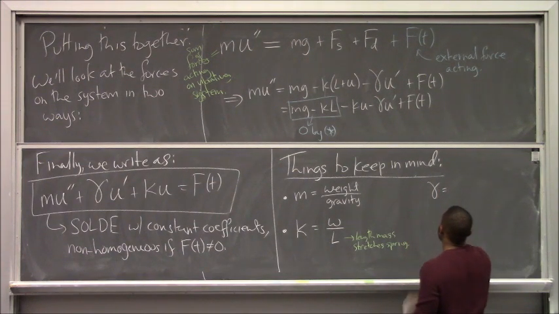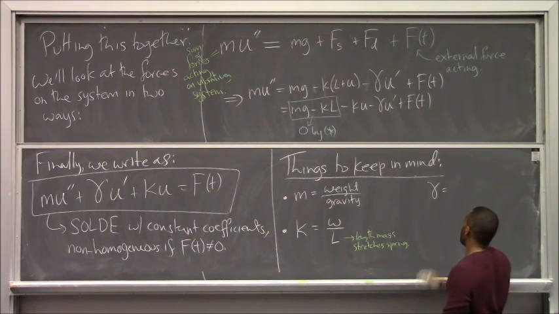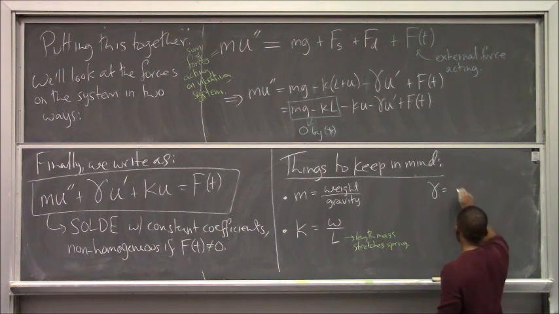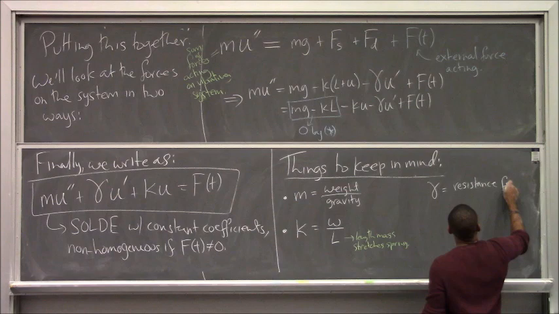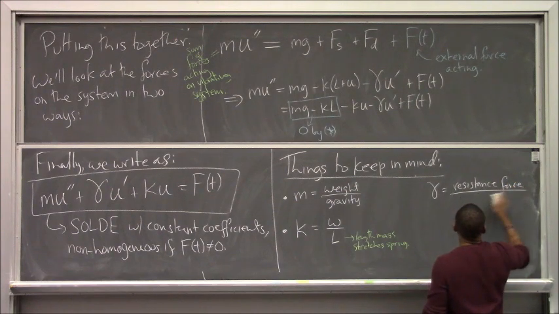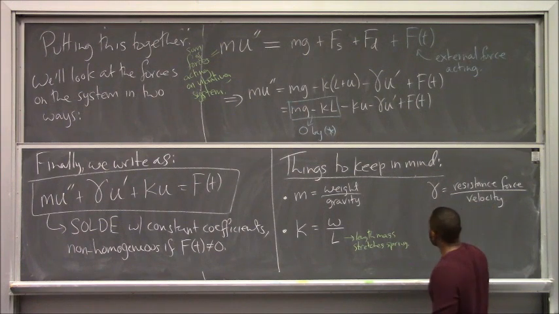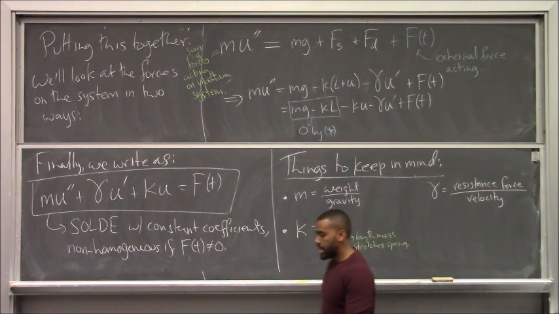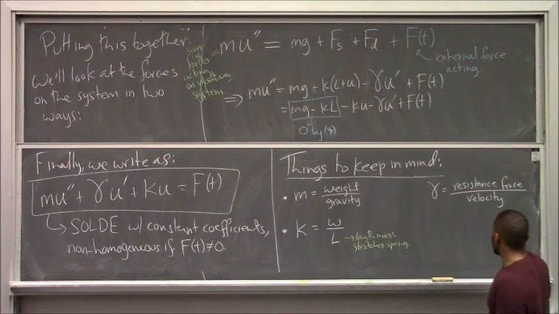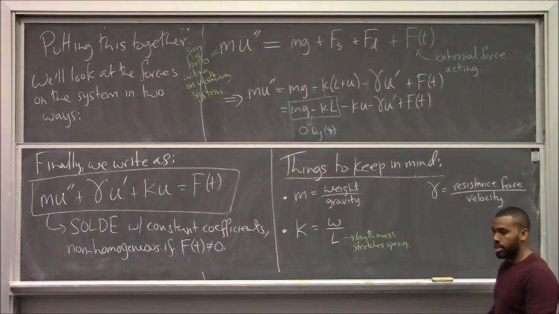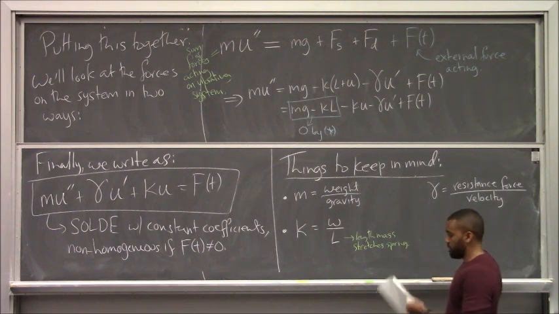Gamma, this is the damping coefficient, how you're going to find it. Remember, the velocity times gamma is going to give us the resistance force, so you can think of this as the resistance force over the velocity. Sometimes the problem might say there is a resistance force of 2 pounds when the mass is traveling at 4 meters per second or whatever. You're going to take the 2 divided by 4 meters per second, and that will give you the gamma coefficient.